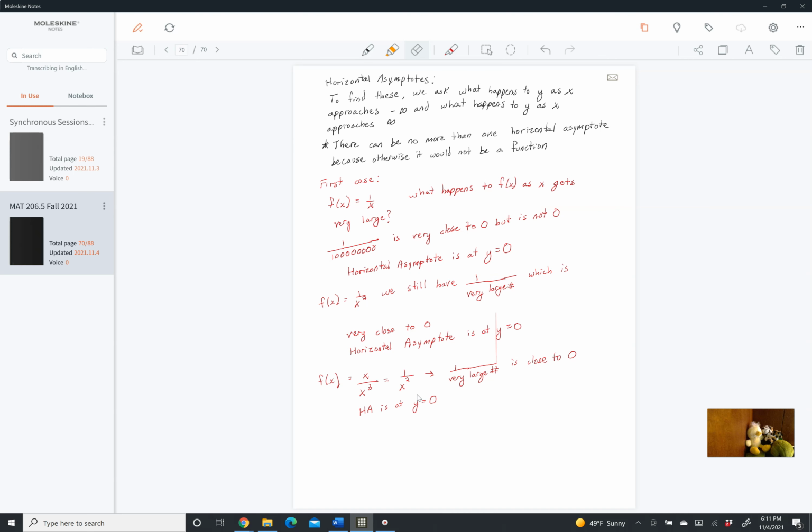Okay, let's take one last example. Let's say that we have f of x is equal to x squared plus 1 over x cubed plus 2x. Well, this seems like it's more complicated, but it's actually not.